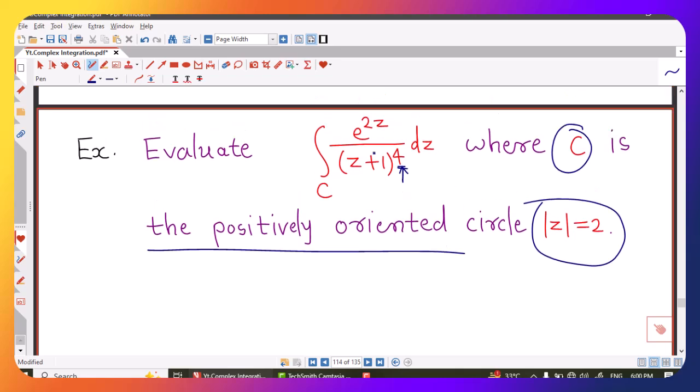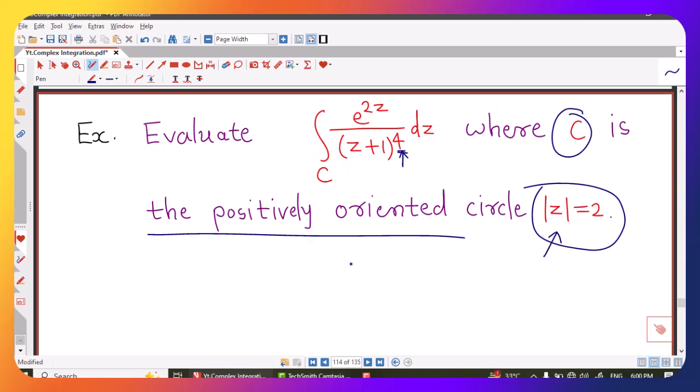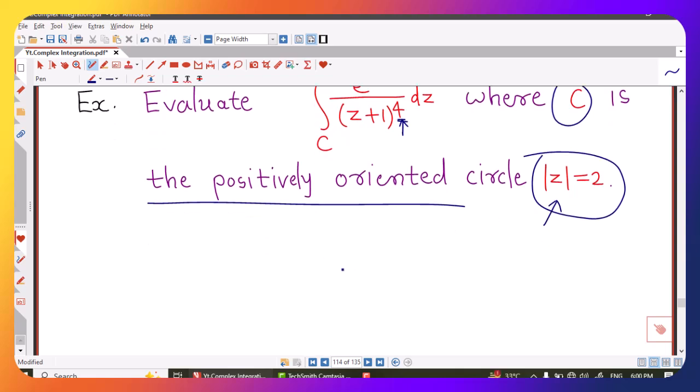If we compare this with f of z divided by z minus z0 to the power n plus 1, then z0 is minus 1, and minus 1 is obviously inside this simple closed contour. The absolute value of minus 1 is equal to 1, which is less than 2. That means z equal to minus 1 is interior to this circle.